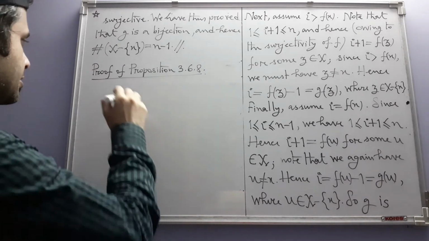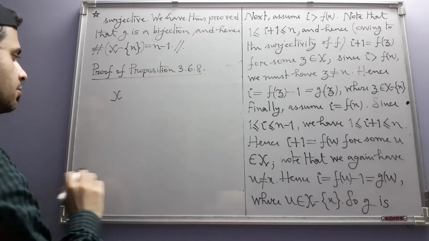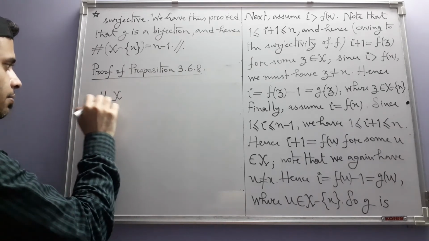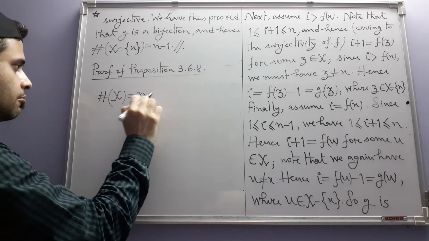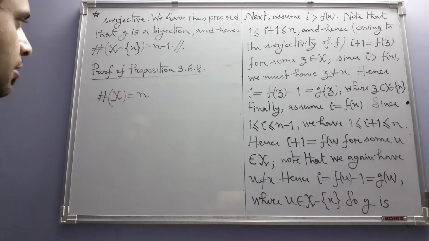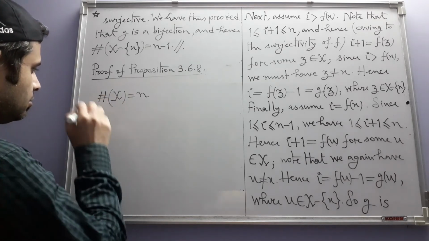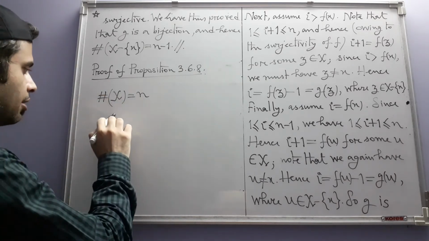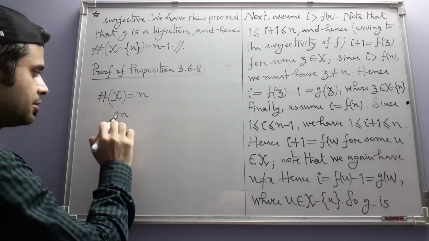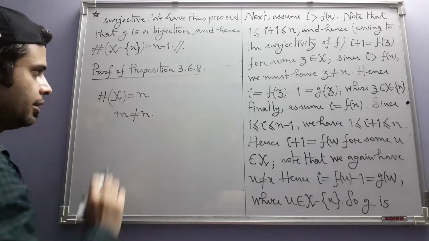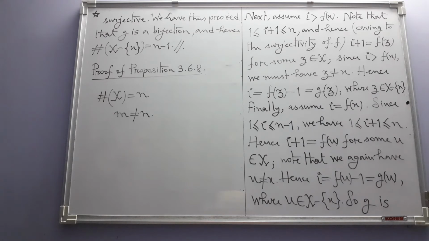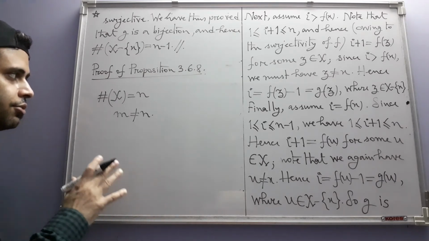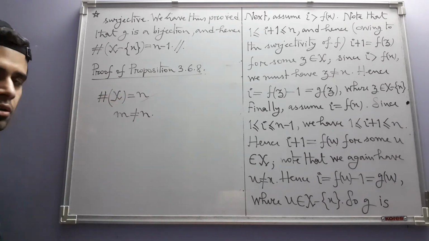Here we had some set of cardinality n, where n is some natural number. Then the same set cannot have some other cardinality m, where m is some natural number different from n. That is the statement of this proposition. We will now prove it with the help of this lemma, and the strategy for proof will be induction on n.